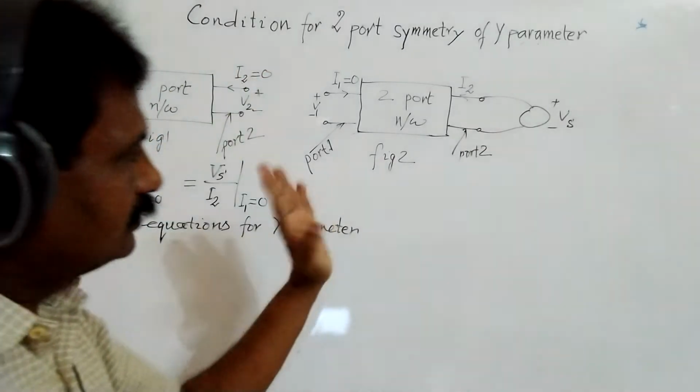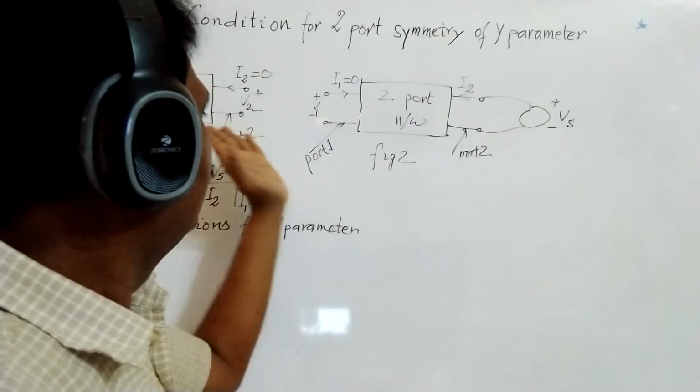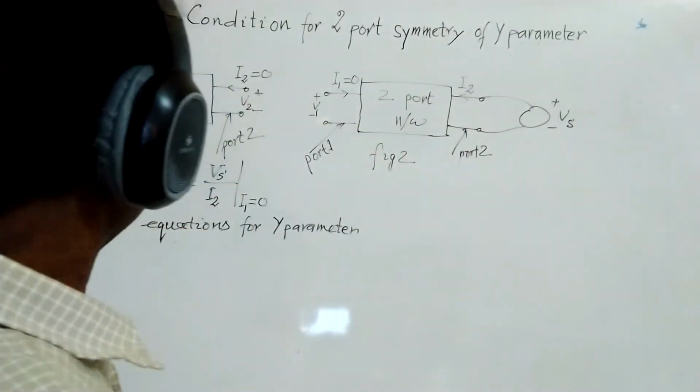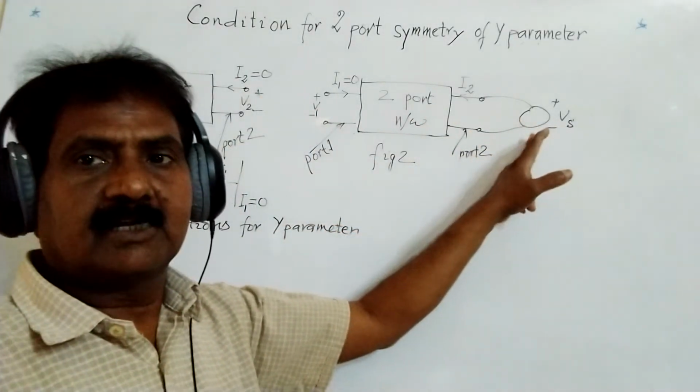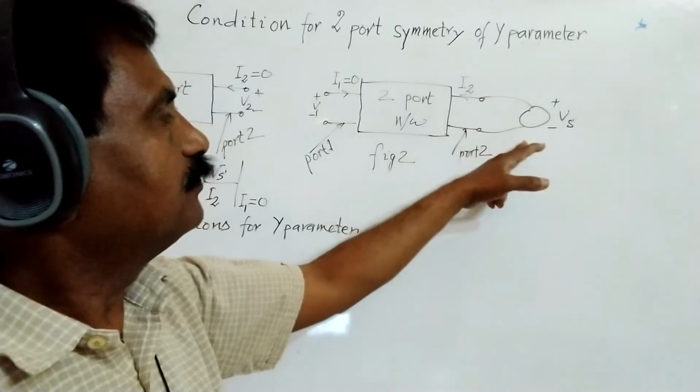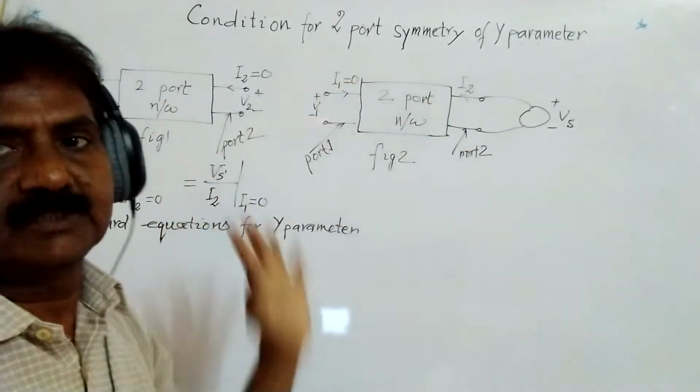Similarly, in figure 2, the same voltage source Vs is connected at port 2, and port 1 is open circuited.